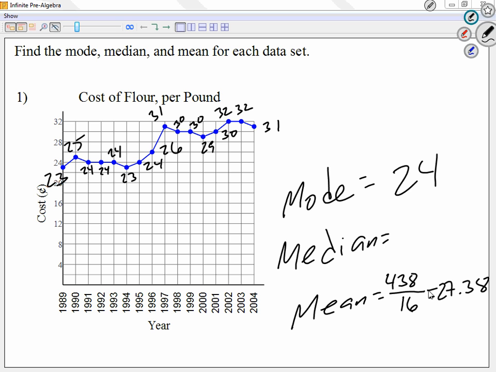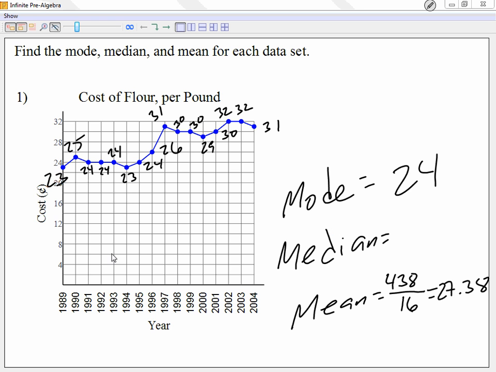Just keep in mind I rounded to 2 decimal places. So if it's longer than 2 decimal places, I round it to 2. Once again, for the mean, we add everything and divide it by how many we got. That's basically the mean.